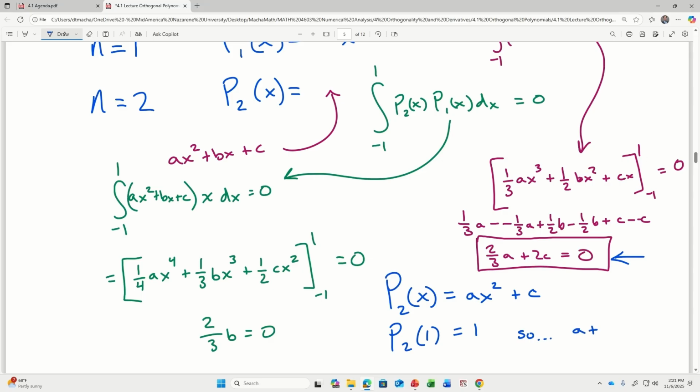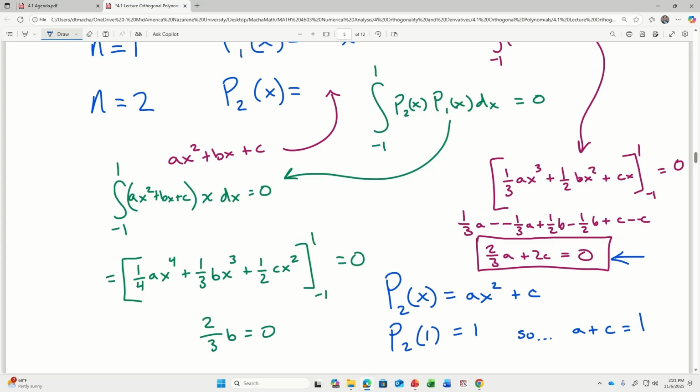So a plus c has to be 1, because if I plug in x equals 1, this becomes a plus c, and that needs to be equal to 1.